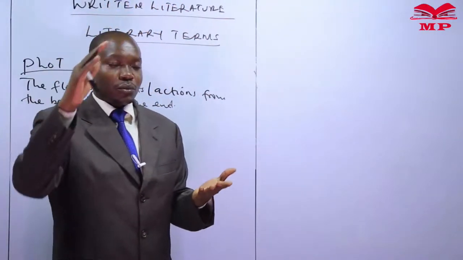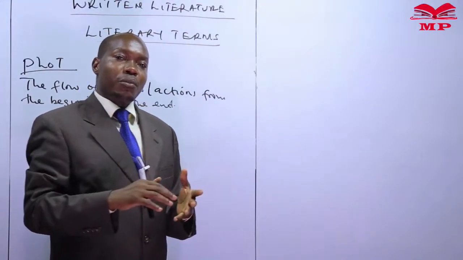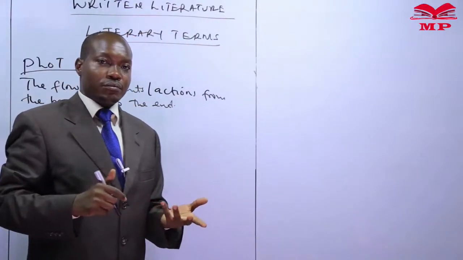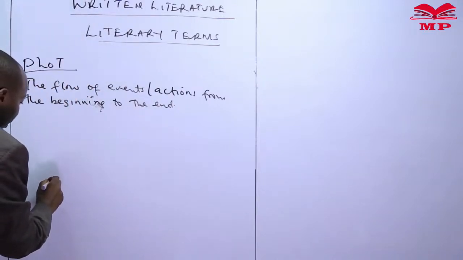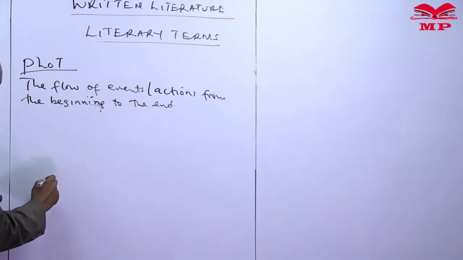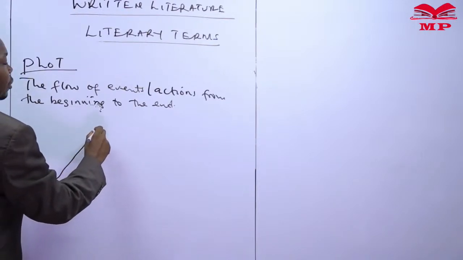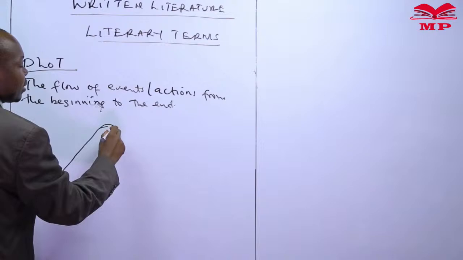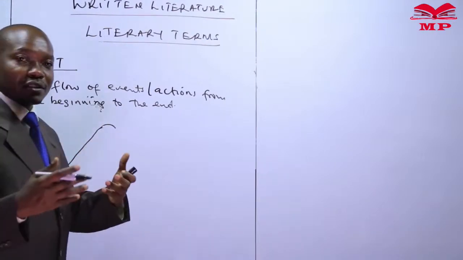When you are born, you are unproductive. You can draw this graph here. When you are born, you are here. Then you begin growing. As you grow, you become more productive. In your prime age, you are here. At the time in your prime age, at the time you are working, you are very productive.